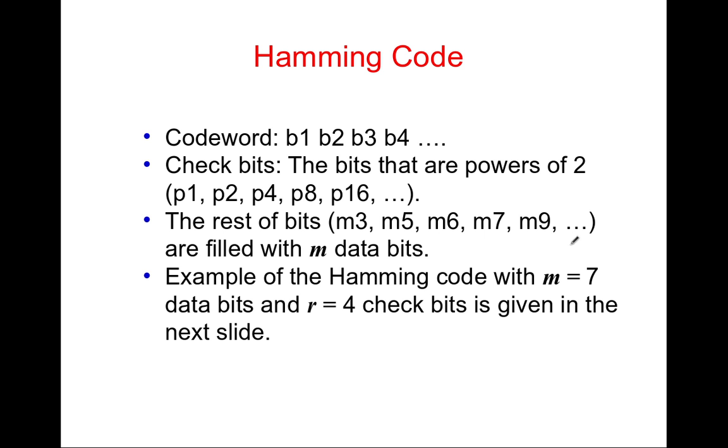The 16 and 9 are there because if you go beyond, let us say, 7 bits, 8 bits will require that many bits. In short, the powers of 2 will have the check bits, and the rest of the bits will be used for storing the data bits. So we'll now have one example where m is equal to 7, and as we have just calculated, r will be 4.